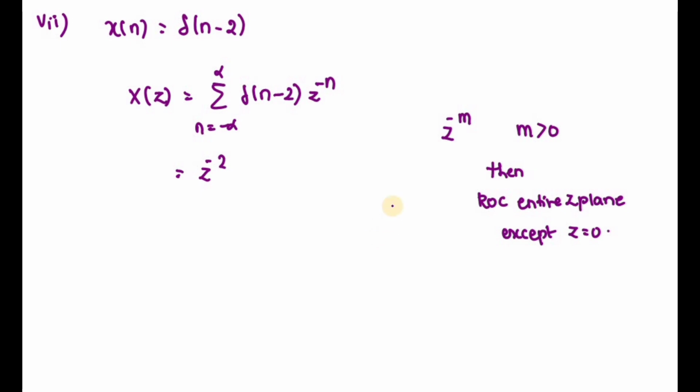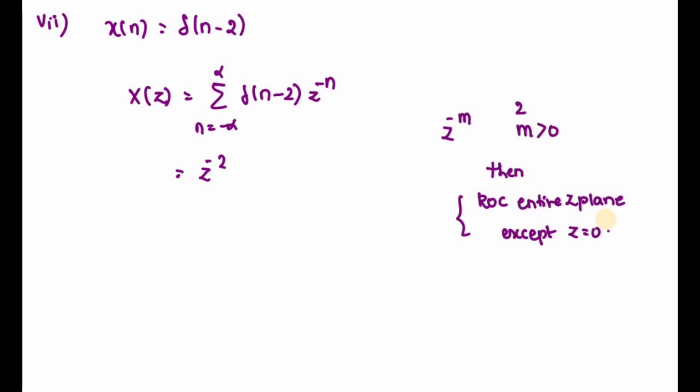Right. So here you can see the m value is greater than 0, right? Because m is 2 here. So the answer is the ROC is the entire z plane except z is equal to 0. If suppose the m value is negative, it means the ROC is the entire z plane except z is equal to infinity. Okay. So that would be your answer.